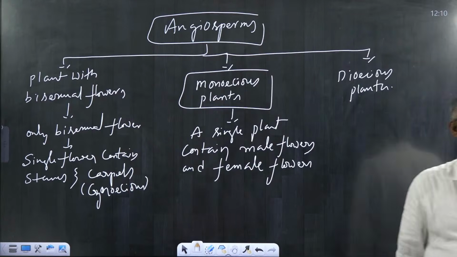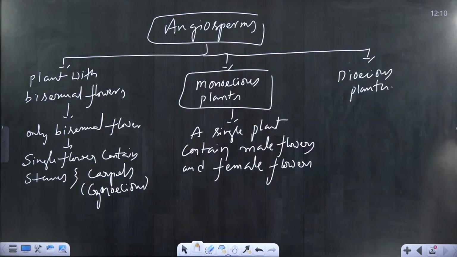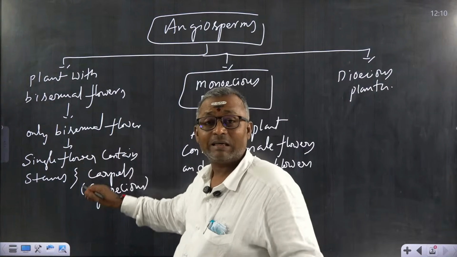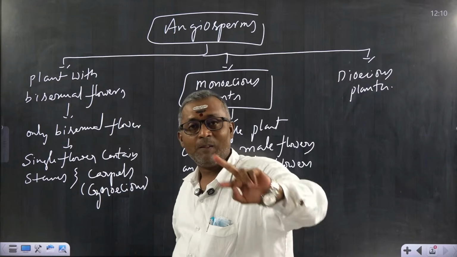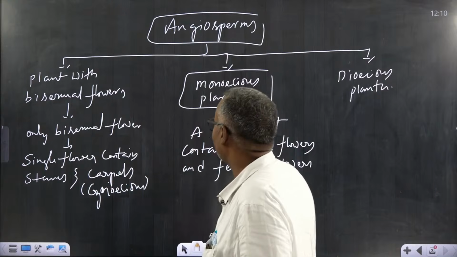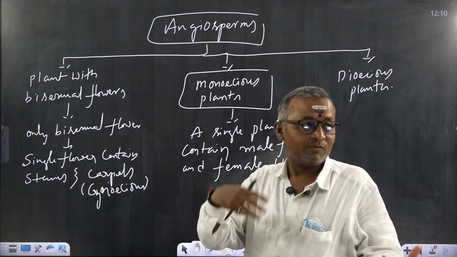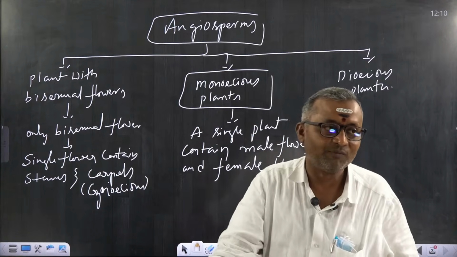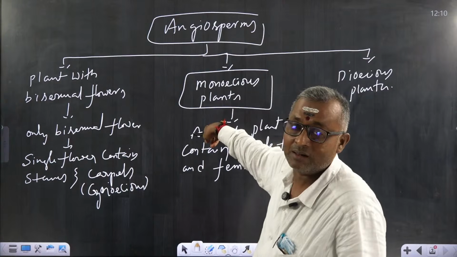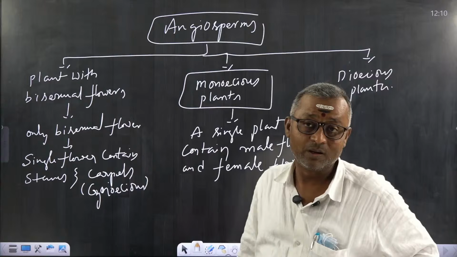A single plant contains male flowers and female flowers. Here, a single flower contains both male sex organ and female sex organ. Whereas here, the male sex organ is present in one flower, the female sex organ is present in another flower, and both flowers are present on the same plant. That is monoecious. Got it?